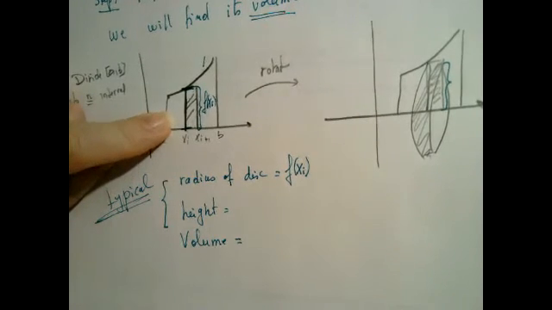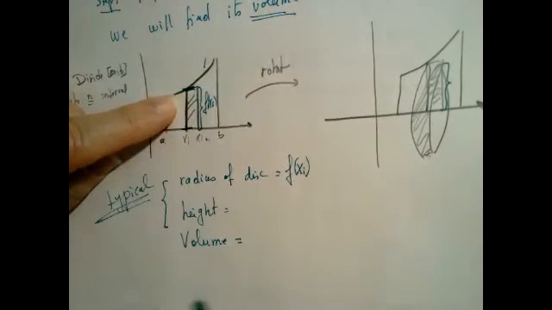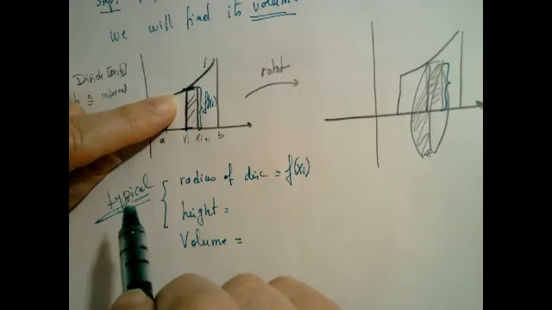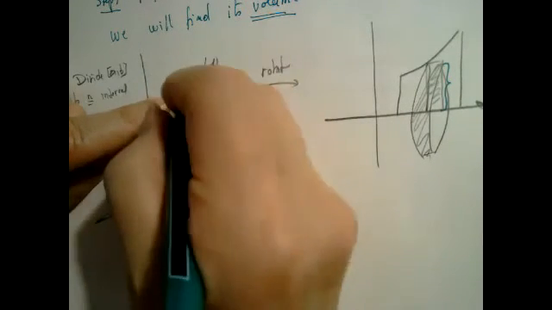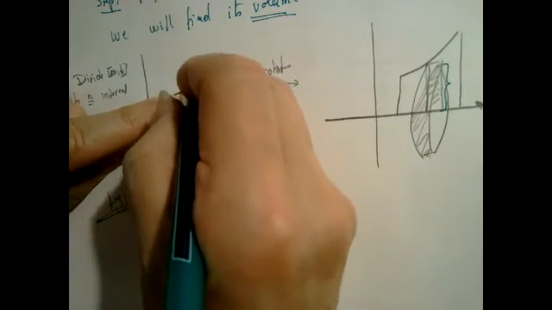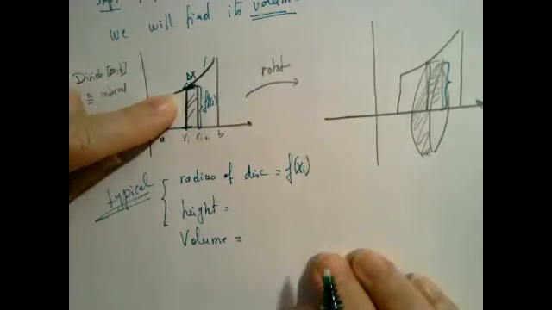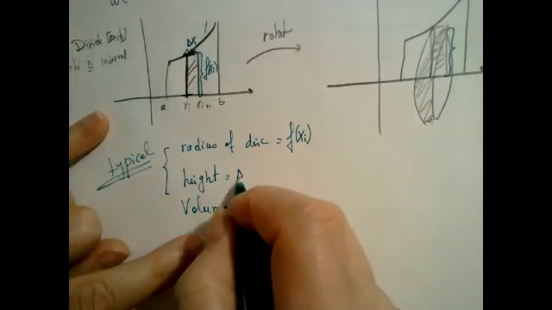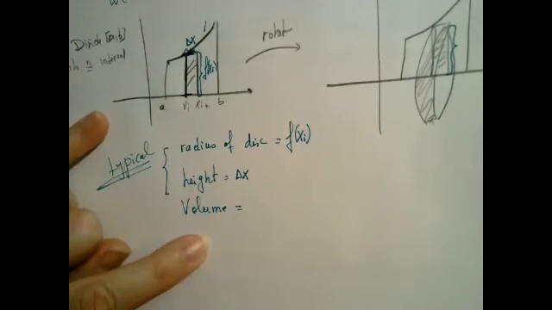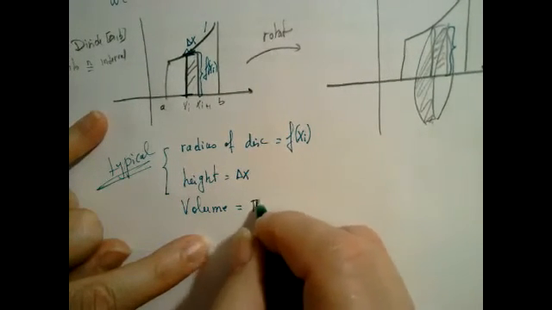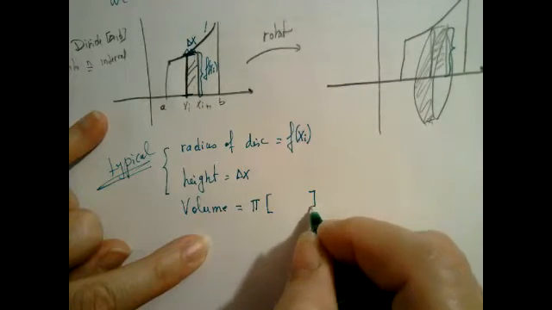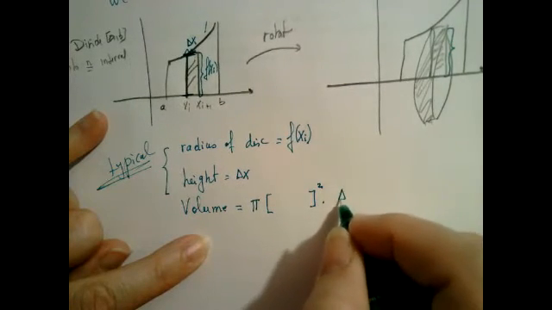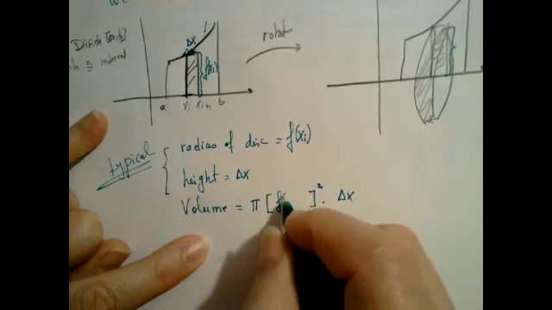What is the height? Remember, this is a disk. What's the height of this disk? Delta x. So the height is delta x. So the volume of every disk is pi times the radius squared times delta x.